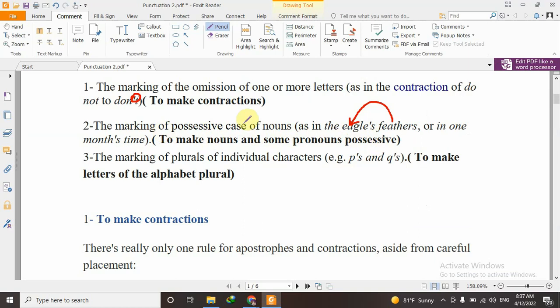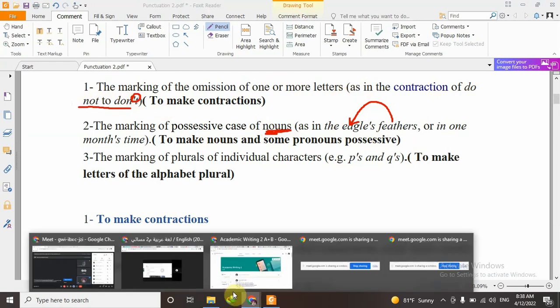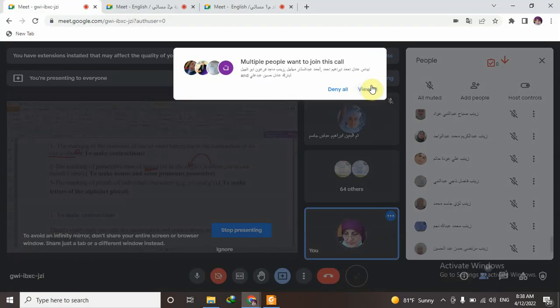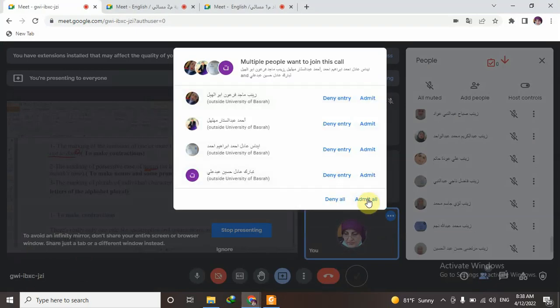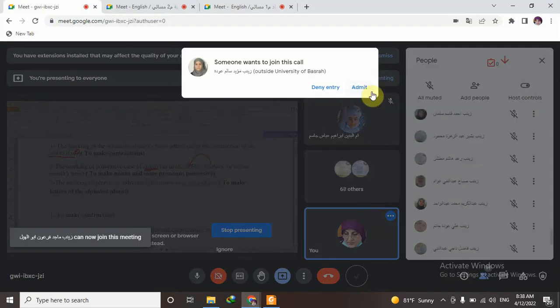So the second case of using the apostrophe is within the possessive case of nouns. Here it is nouns; there, within contractions, it is verbs. Most of the time within contractions, it is with verbs.